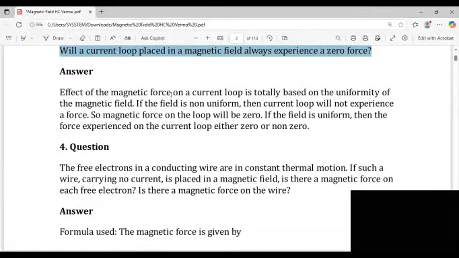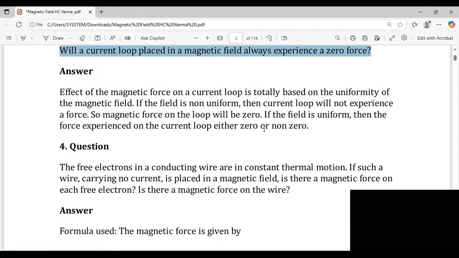The effect of the magnetic force on a current loop is totally based on the uniformity of the magnetic field. If the field is non-uniform, then the current loop experiences a force. If the field is uniform, then the force experienced by the current loop is either zero or non-zero.